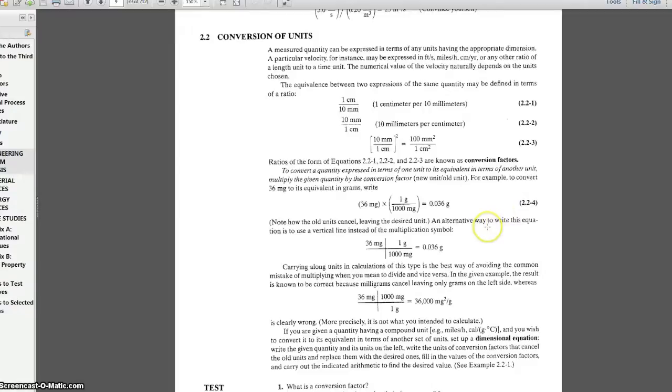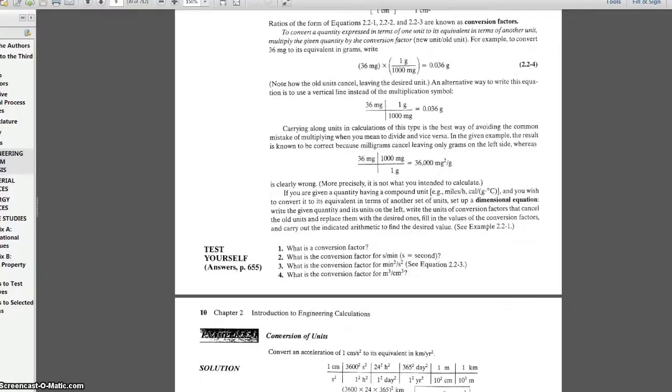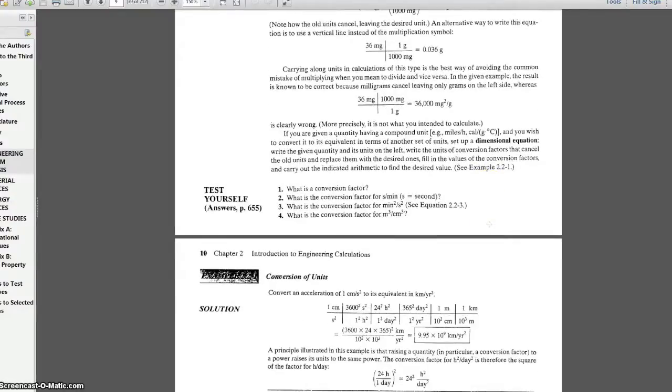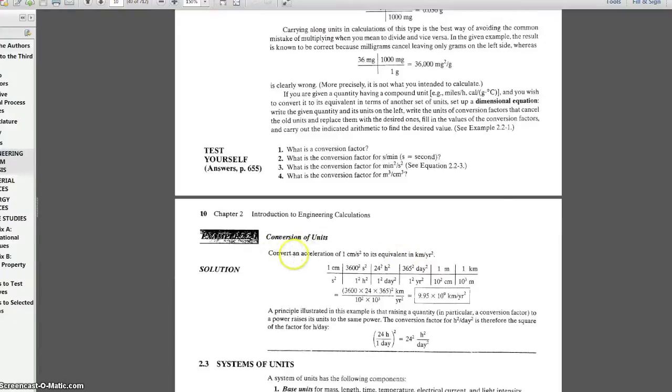Yep, so that's the basics of conversion of units, and since there's an example here, let's just look at it. The example is: convert an acceleration of 1 centimeter per second square to its equivalent in kilometer per year square.